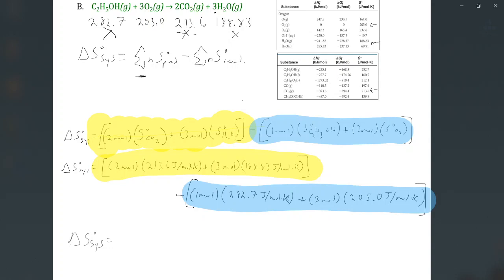So I ended up with 993.69, let's just take 2 after the decimal for now, minus 897.7, and this is joules per mole Kelvin, of course.